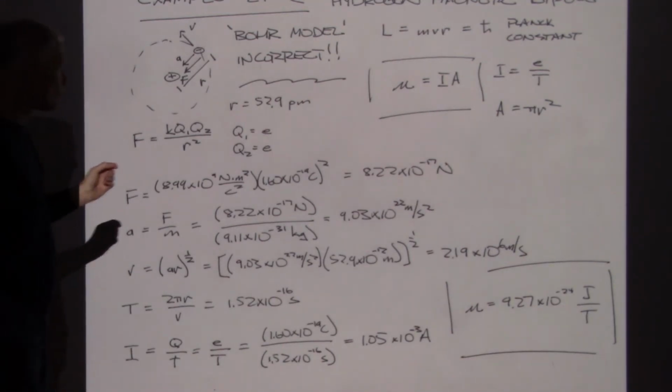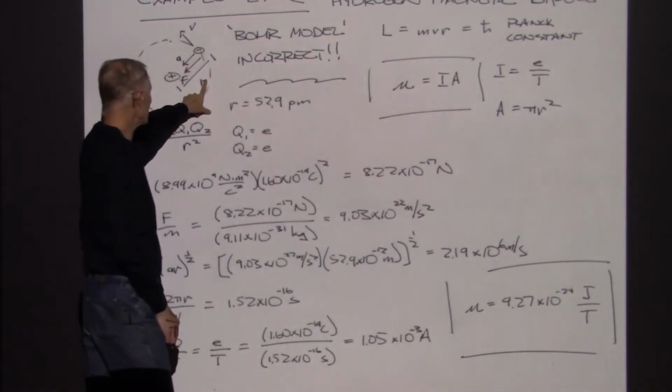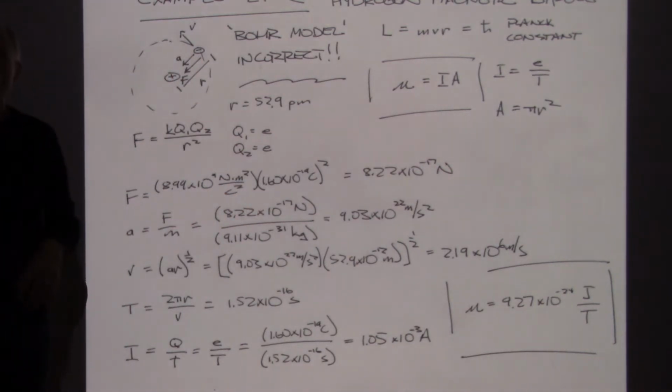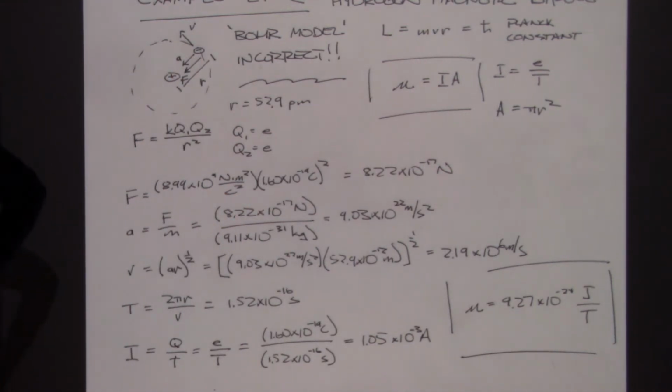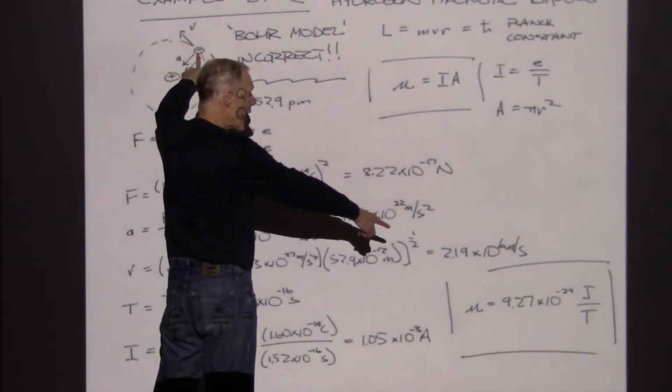And this value that Bohr measured and attributed to orbital motion is actually the amount of magnetic field that's generated by the spin of the electron. So we just need the spin of the electron to come up with that particular value.